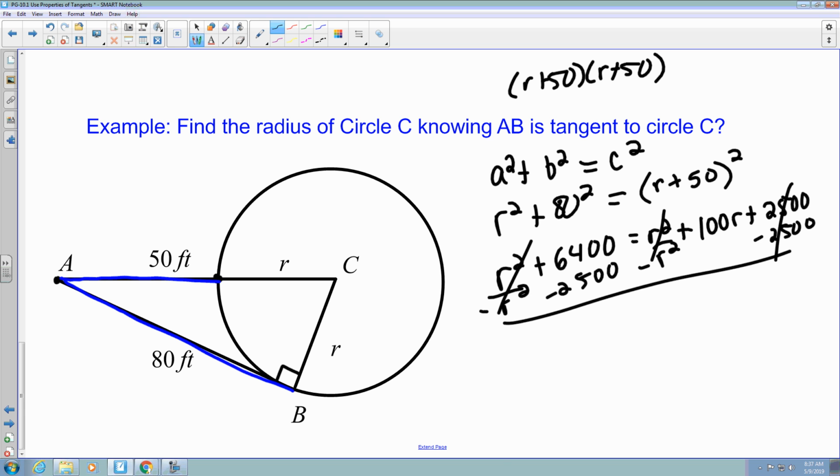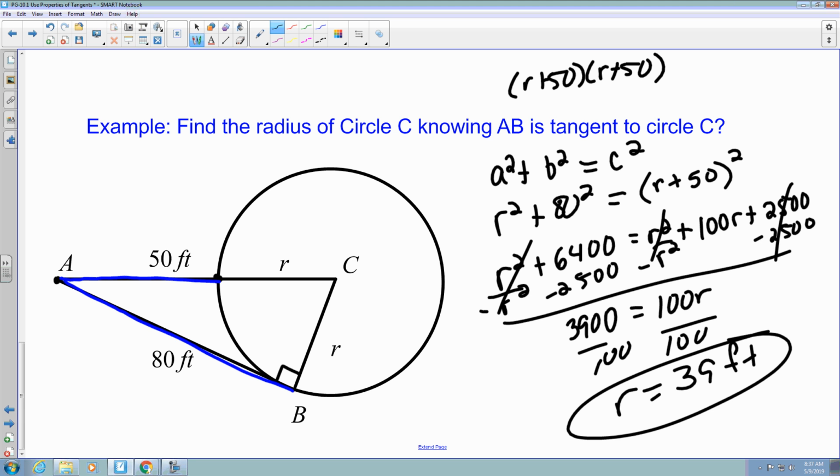And now I'm left with 6,400 minus 2,500, so that's 3,900. So I got 3,900 is equal to 100R. Divide that by 100. R is going to equal 39. And it was feet, so we're going to say 39 feet. So the radius of this circle is 39 feet.